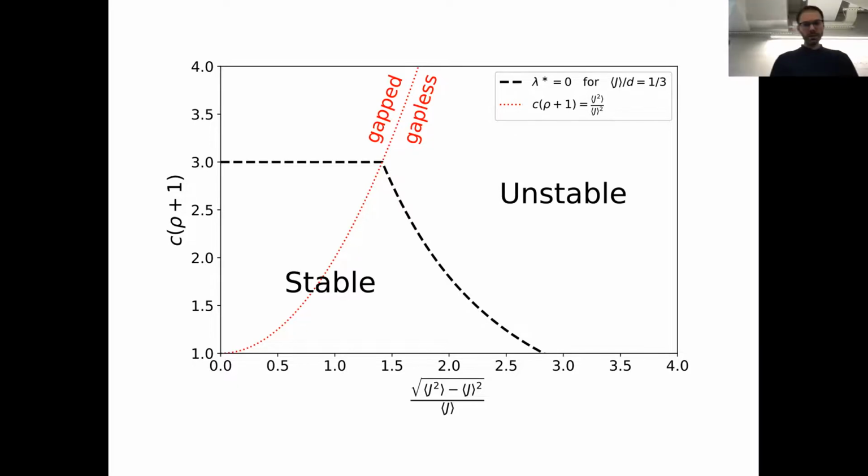Yes, that should be determined by the value of d that we've chosen. Here we took the mean value of J divided by d as 1/3. And you mean when the gapped becomes the gapless? Yes, exactly.